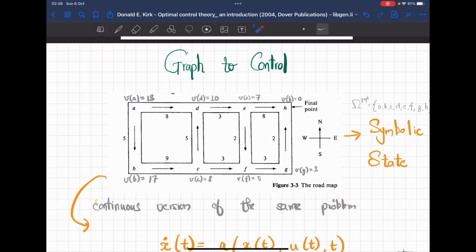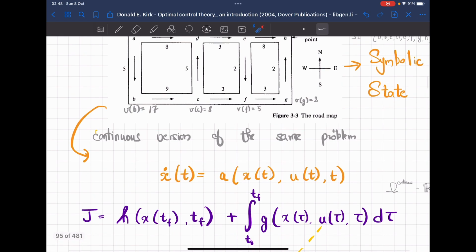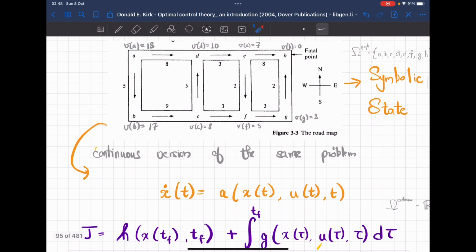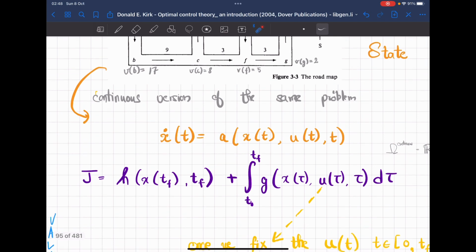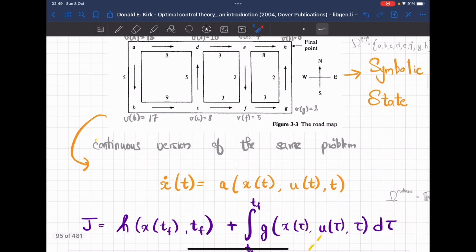Now when we convert this idea to a continuous version, we see that this is replaced by this dynamical system, where we say that the change in state is a function of the state we are currently in and a function of the control action taken.